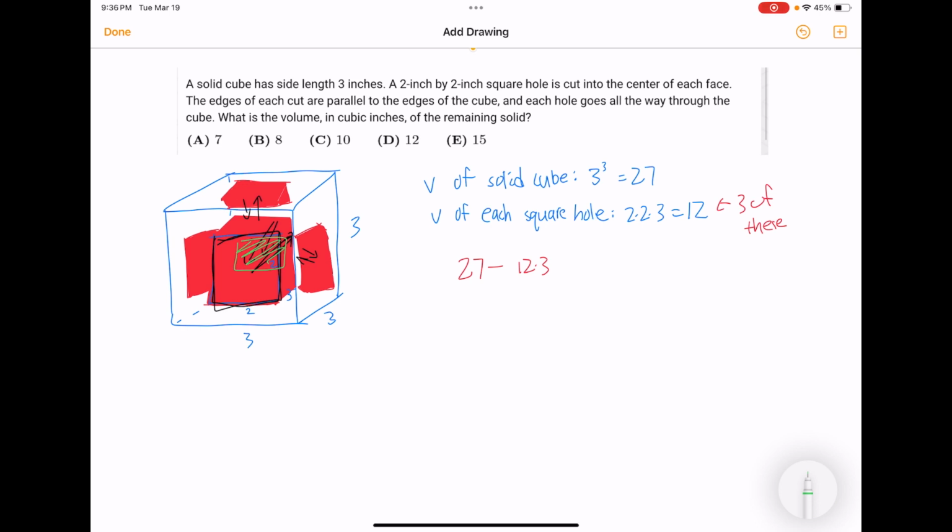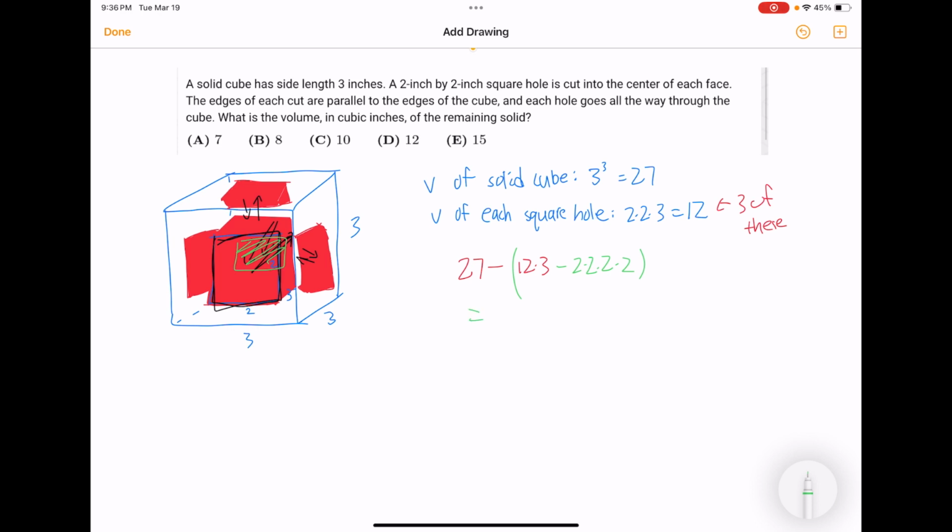So it would be 12 times 3, which is the original volume of all of the square holes, and then you subtract 2 cubed from it, which is the volume of the center hole, and then you multiply that by 2 because, as I said, it overcounted twice. And so this is the final equation, and now we just have to solve this.